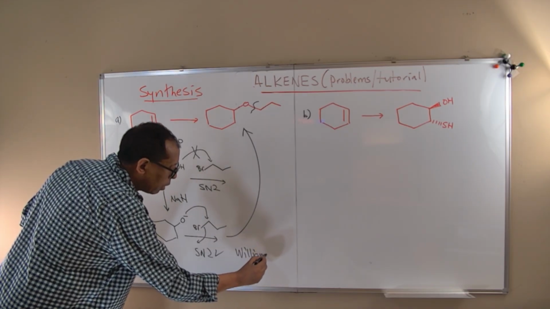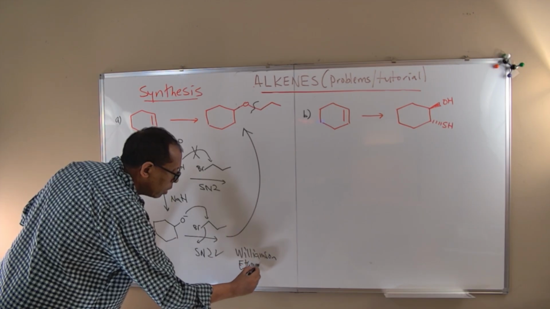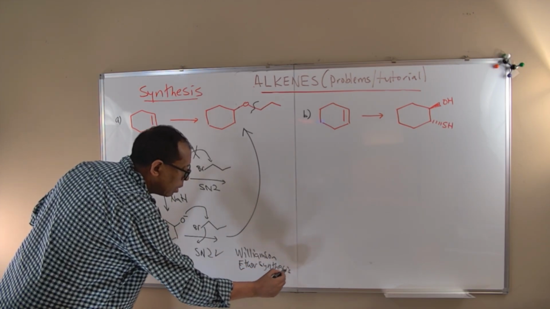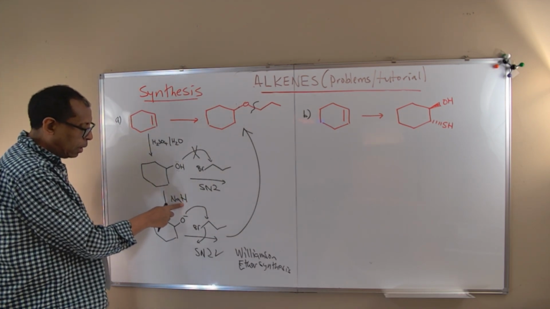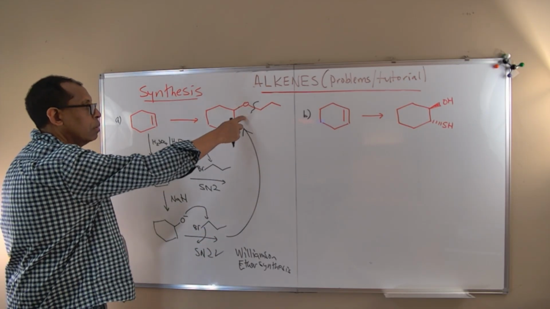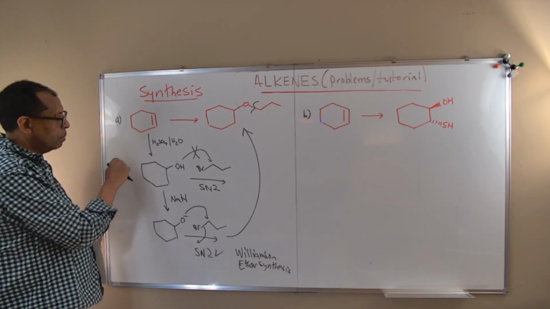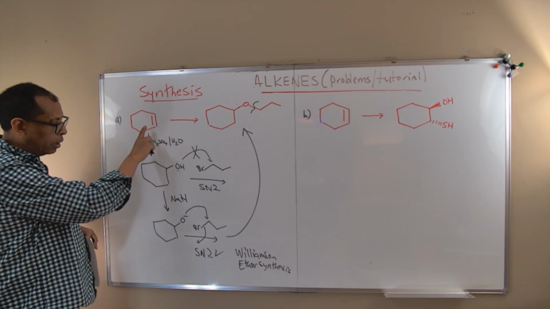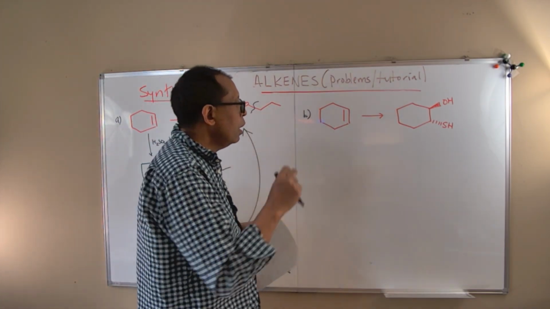The second step at least is called Williamson ether synthesis. You need to revise that. That is made from an alcohol using a strong base like sodium hydride. You could have an SN2 reaction to form that. So these are two steps: you hydrate the alkene first and then do the ether synthesis.